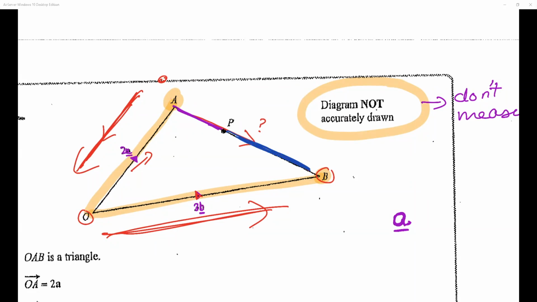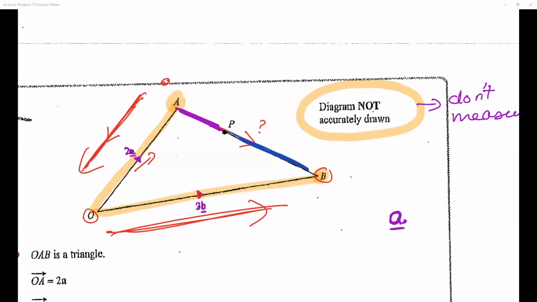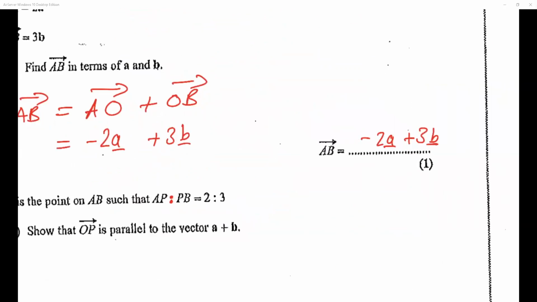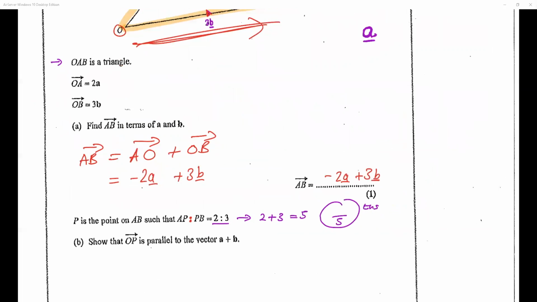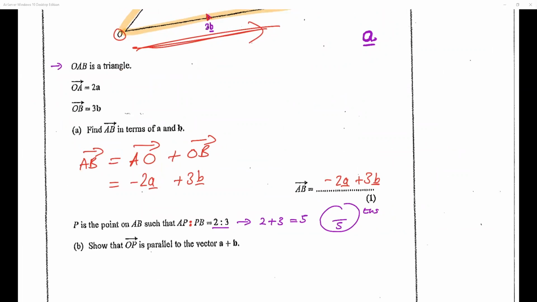So we have a purpley part, which is the first one, and then the bluey part. Now, what's the ratio of that? 2 to 3. So what do we do with that ratio now? It's going to be added, which is 5. So the fractions that we're dealing in are called what? Fifths. So AP is 2/5 and PB is 3/5.